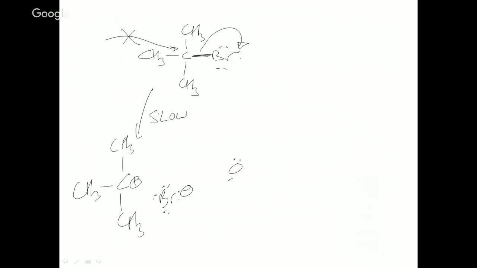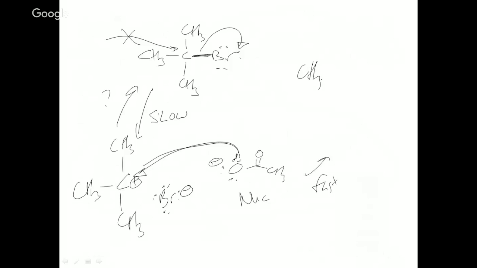Now the sodium acetate will come in there and attack, okay? Because that's going to happen fast. This can go backwards too, right? The bromine can go backwards, but the idea is this is a better nucleophile. As soon as that forms, that's going to happen very fast. What do you get? You get the new carbon-oxygen bond. Okay, that's your product.